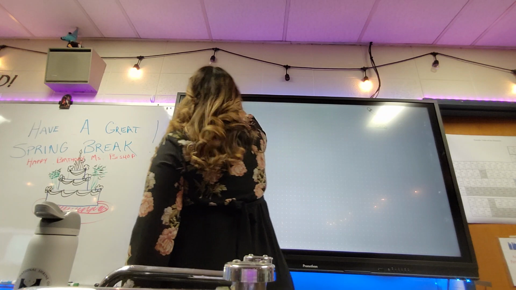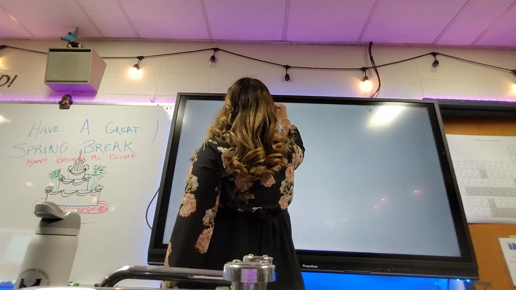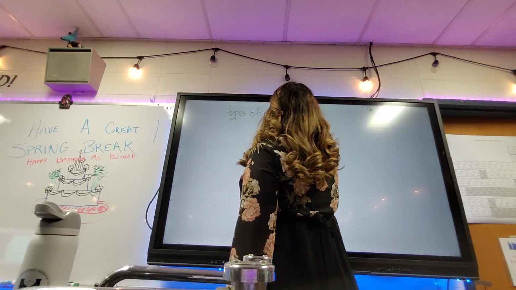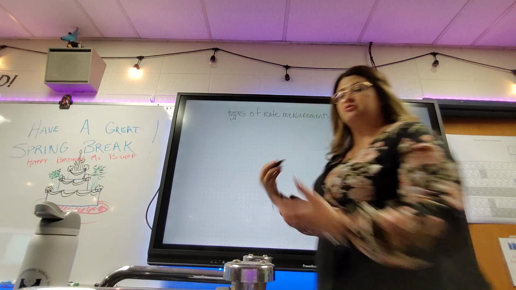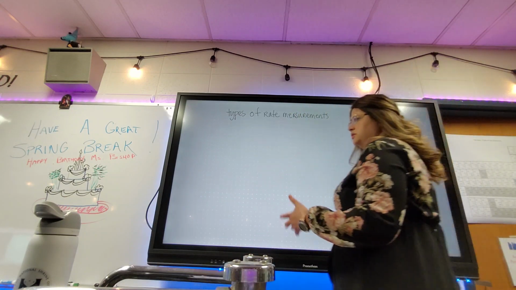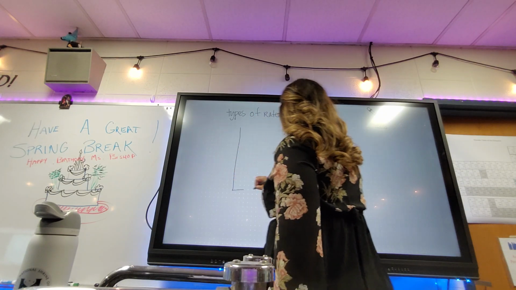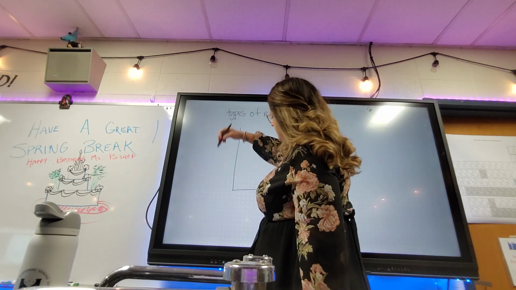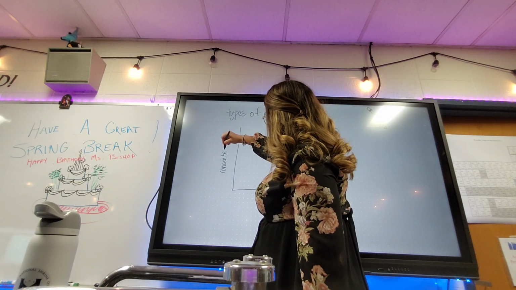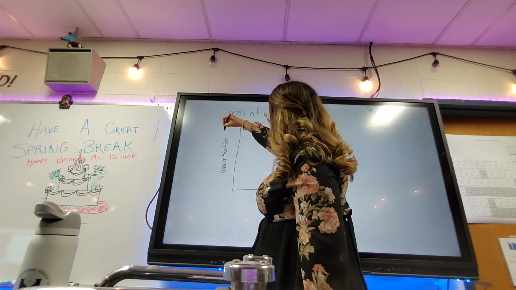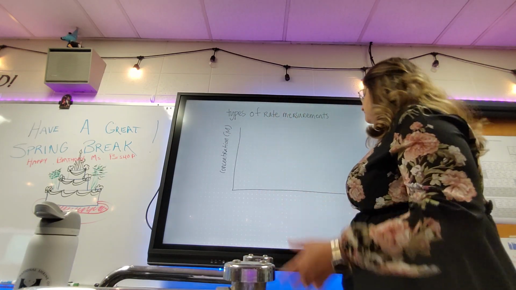Okay, so there are different types of rate measurements. Almost all chemical equations have the same general shape when we graph out what a reactant's concentration looks like. If I'm labeling my graph here, I'm going to use concentration on the y-axis, and I'm going to measure concentration with capital M, that's molarity.